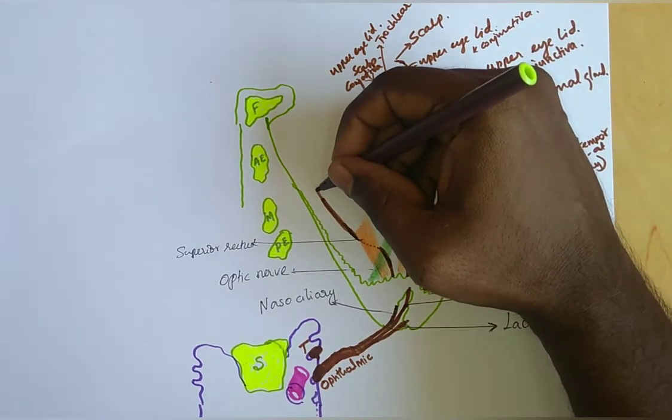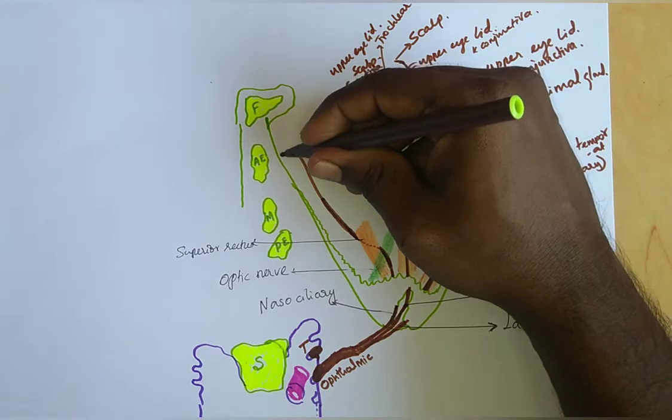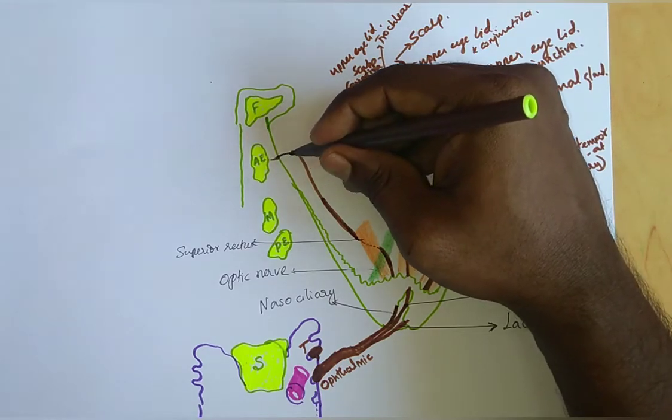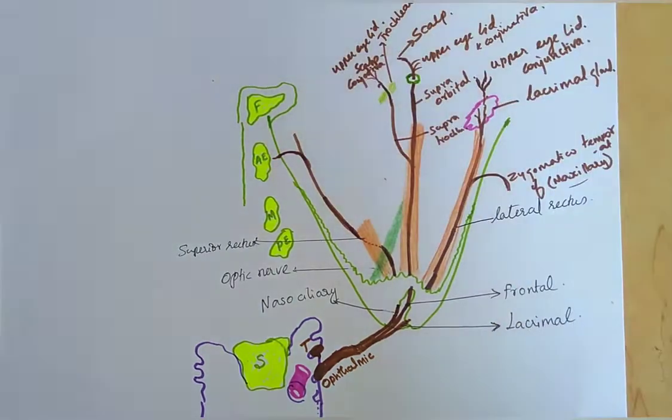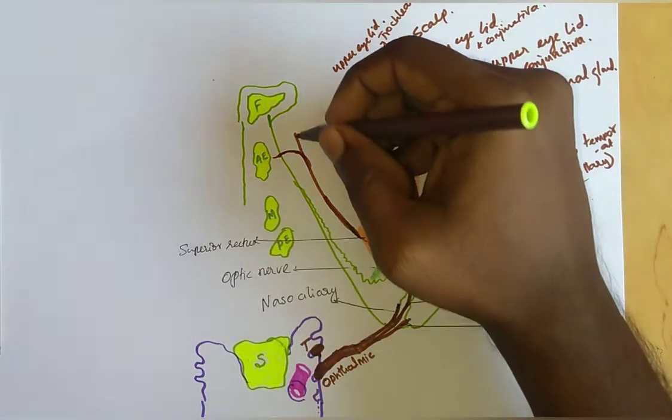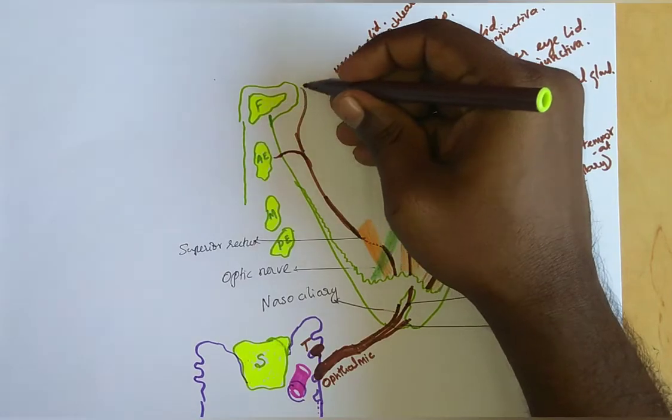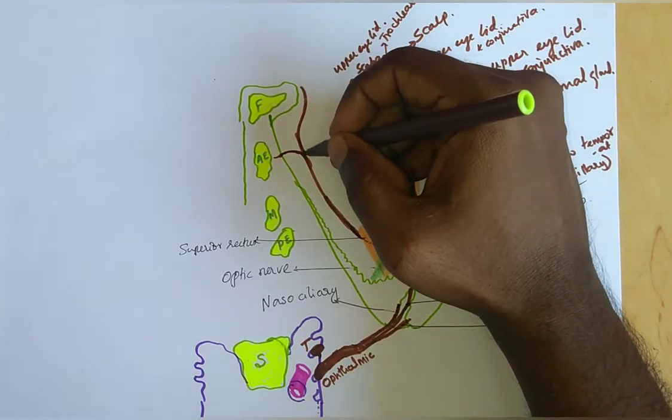Here it terminates by giving the anterior ethmoidal branch and the infratrochlear nerve. This is the infratrochlear nerve.